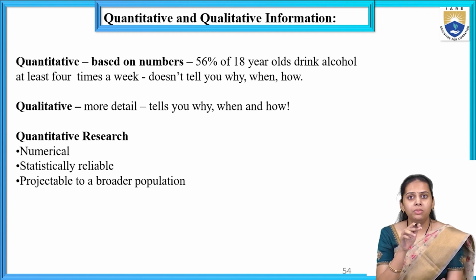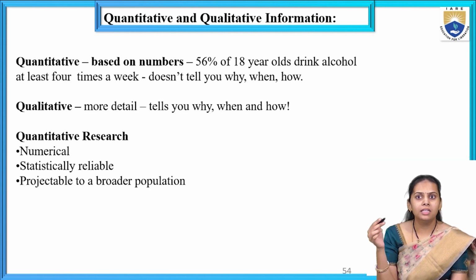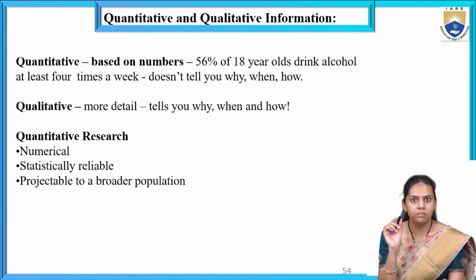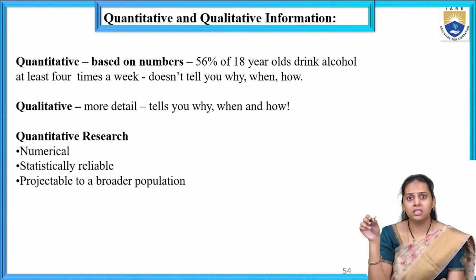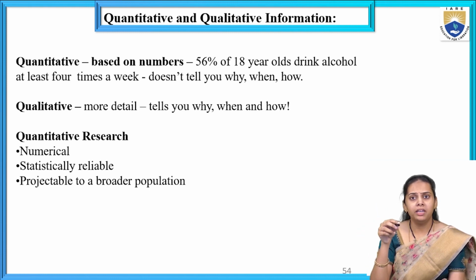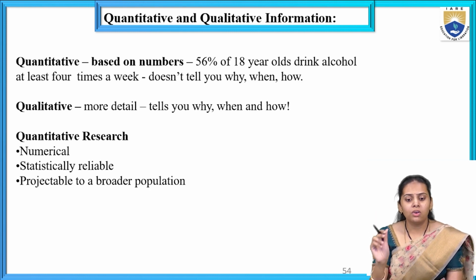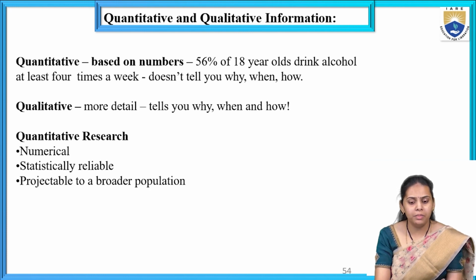Whereas in a qualitative manner, the more detail tells you why, when, and how. For the same question, based on the numbers we have as statistics, in a qualitative manner we go with a more detailed questionnaire. And quantitative research is always numerical, statistically reliable, and projectable to a broader population.